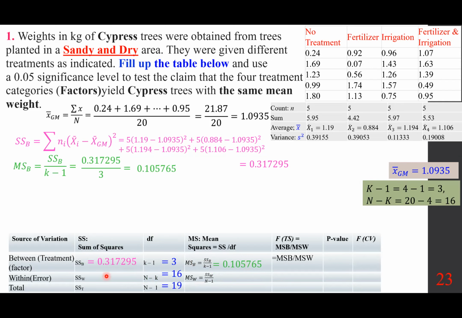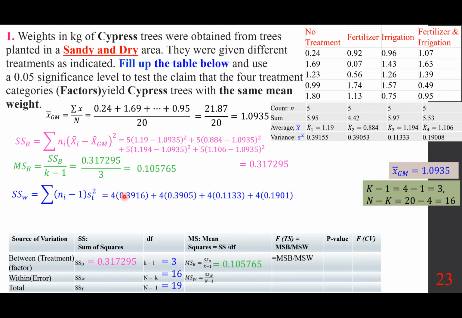Now let's calculate this one, SSW, the sum of squares within. And so it's n sub i minus 1 times s sub i squared. Since we have already calculated this, we're going to multiply this one by n sub 1 minus 1, so 5 minus 1. Plus, we're going to multiply this one by 5 minus 1, whatever this number is. And normally, we like to use the same sample size.